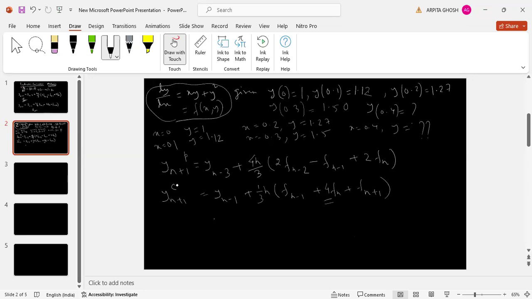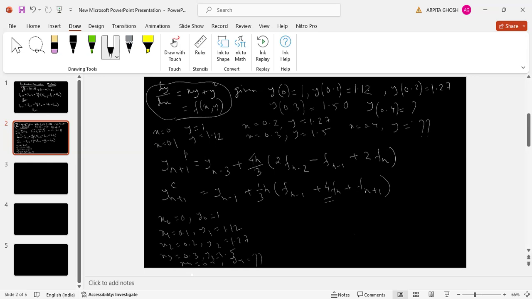That means your x0 is 0, y0 is 1, x1 is 0.1, y1 is 1.12, x2 is 0.2, y2 is 1.27, x3 is 0.3, y3 is 1.5, x4 equal to 0.4, and y4 equal to, that is the question.